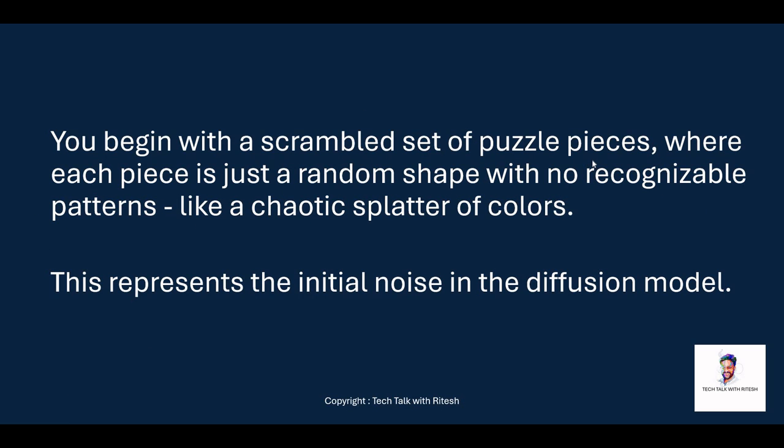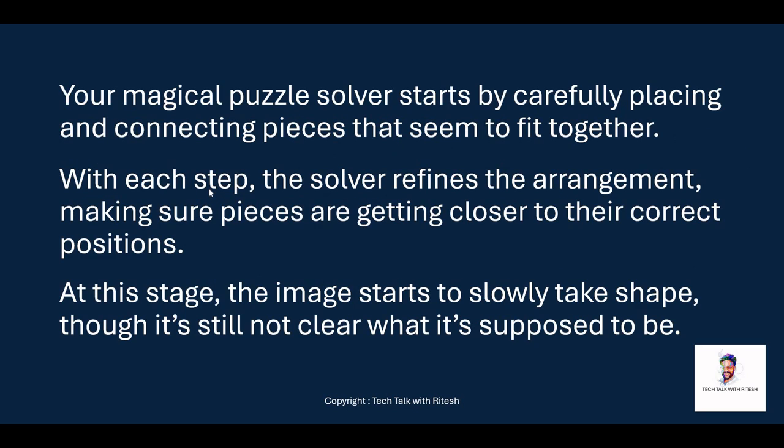You begin with a scrambled set of puzzle pieces where each piece is just a random shape with no recognizable patterns, like a chaotic splatter of colors. This represents the initial noise in the diffusion model. So you have different pieces of different shapes, but now you need to arrange them.